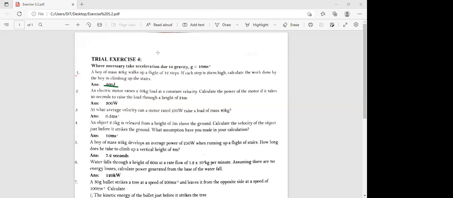They're asking us to calculate the power of the motor if it takes 40 seconds to raise the load through a height of 24 meters. Height is 24 meters, time is 40 seconds, and mass is 50 kilograms.